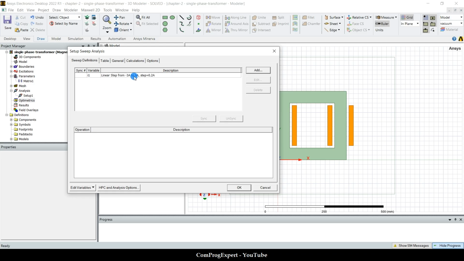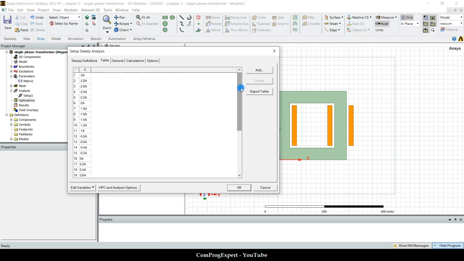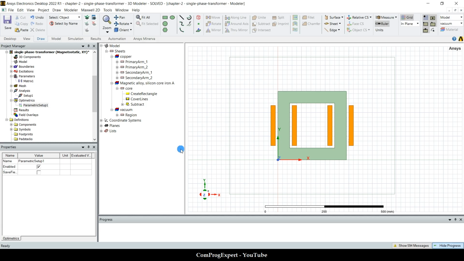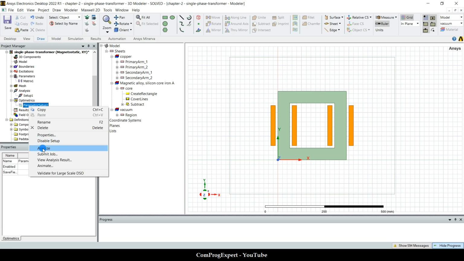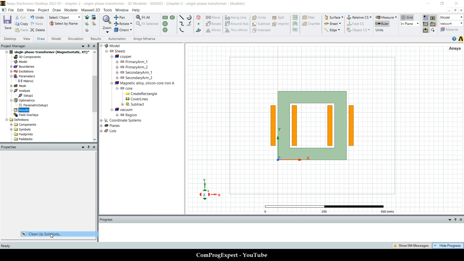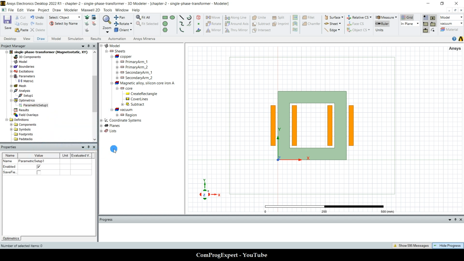Here is the calculation table. We are changing the value of I1 from negative 3 to 3 amps and running the simulations to calculate the flux linkage. So let's clear all previous solutions and analyze this parametric analysis.